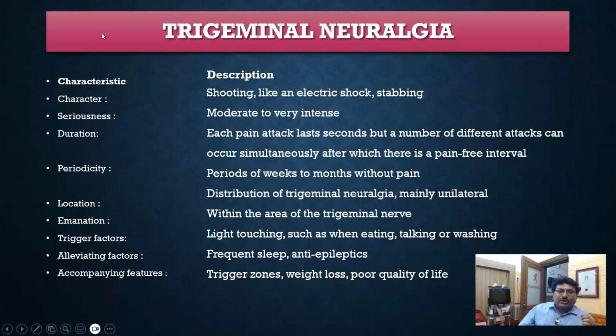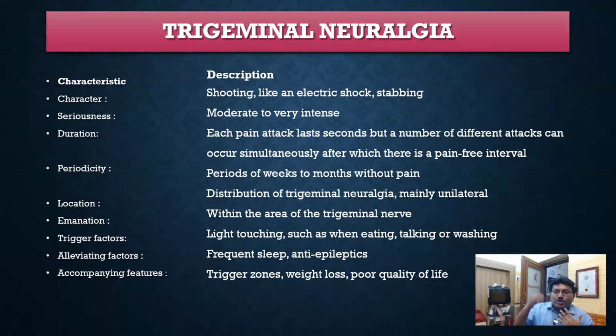In neuralgia, the most common facial neuralgia that we commonly treat is trigeminal neuralgia. In trigeminal neuralgia, the patient usually has a shooting, electric shock-like, stabbing pain on one side of the face. It is always moderate to very severe, and the pain attack lasts for a very short duration, usually seconds to minutes.